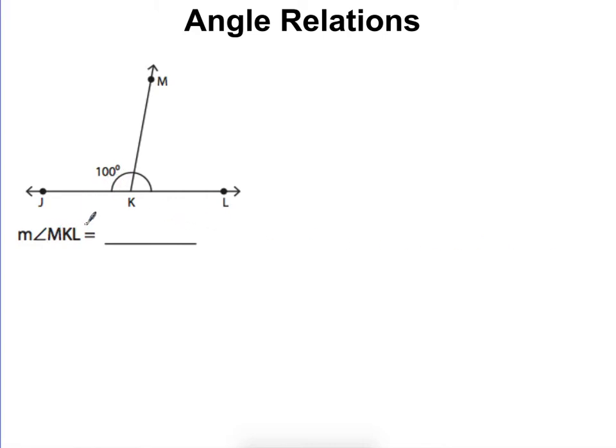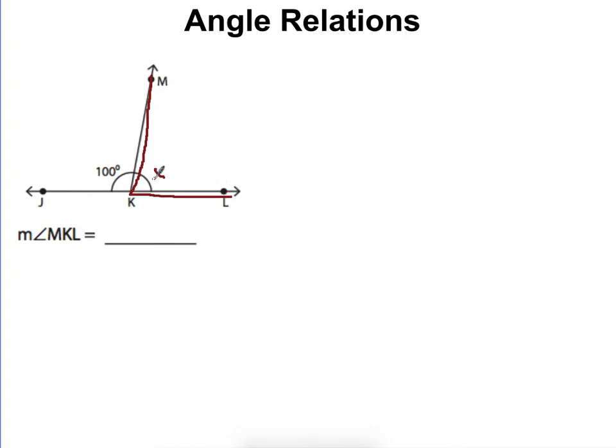All right, the last one that we're going to do as an example today. JKL, straight across, that's a straight angle, 180 degrees. And we know that this part of it is 100. MKL is what we're looking for.